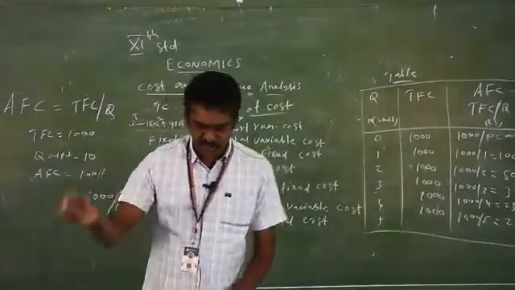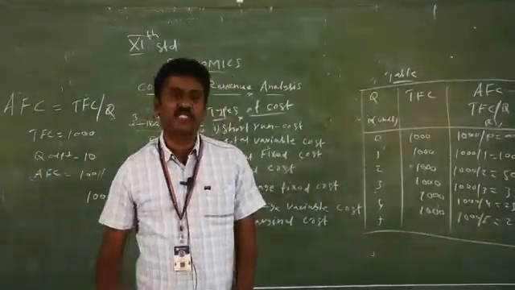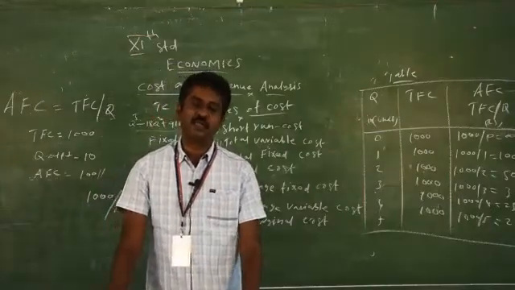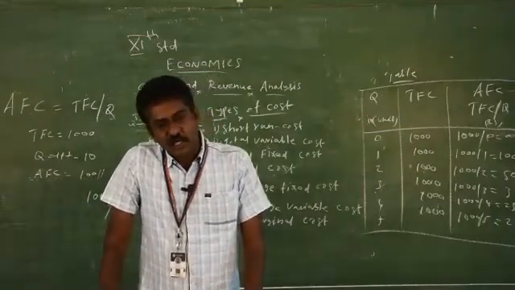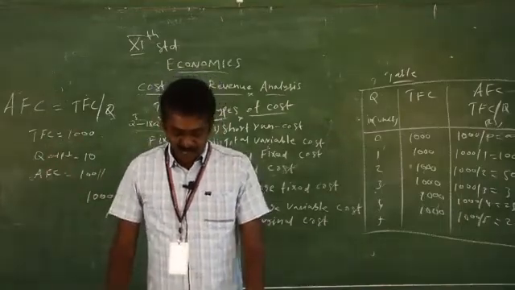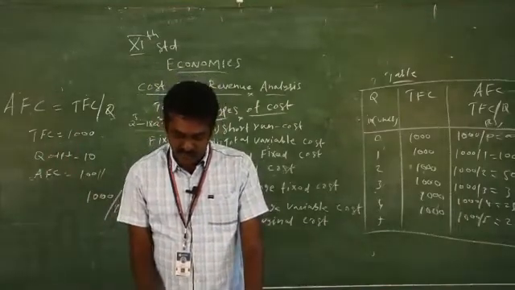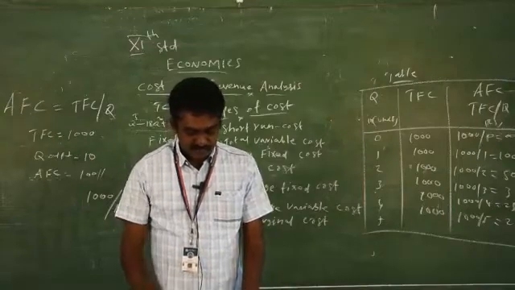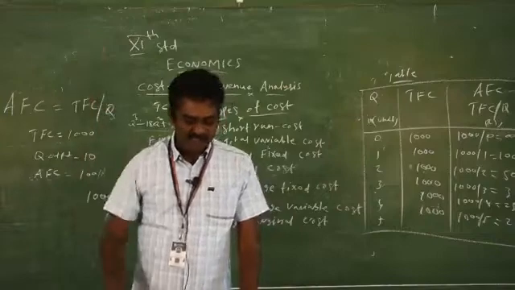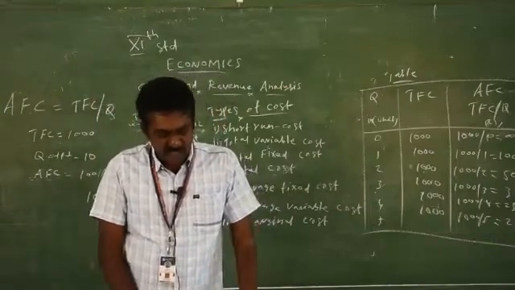And I told you next the short-run cost curve. Under it there is total fixed cost and total variable cost, equal to total cost. I have explained about the diagram and table. And the total cost is total fixed cost plus total variable cost.